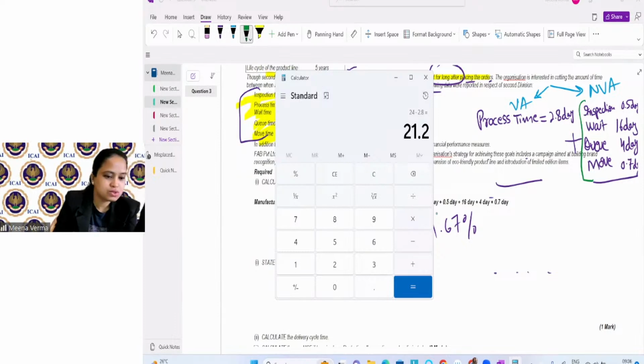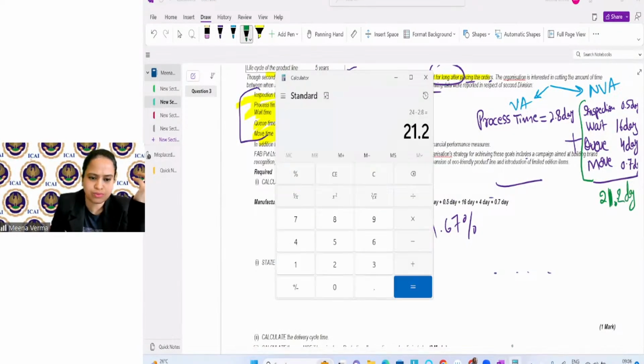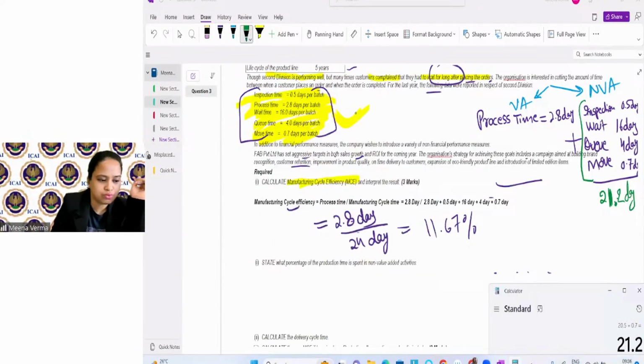This is 21.2 days. If you want, I can add 0.5 plus 16 plus 4.7. 21.2 days.